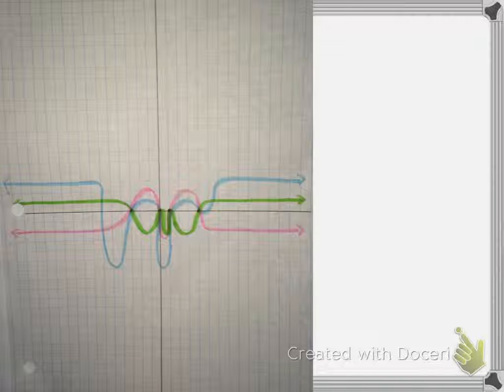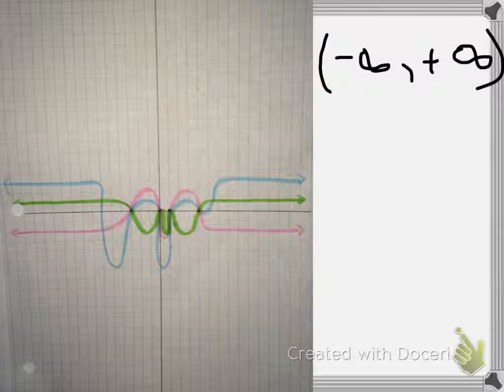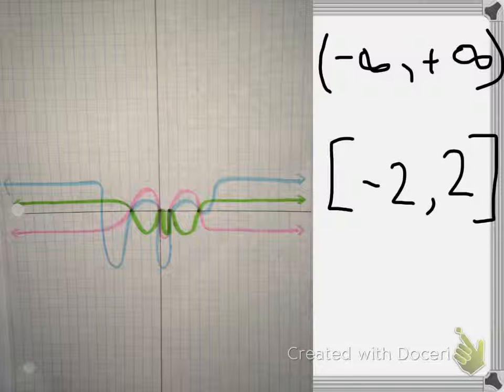But this function, however, does have a similarity with the other two, which is they have the same domain, which is -infinity to positive infinity, but the range would be [-2, 2]. Again, using brackets for the range.